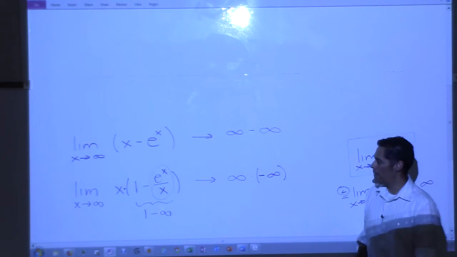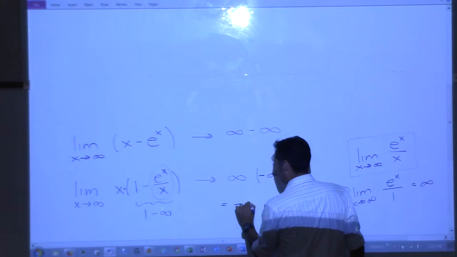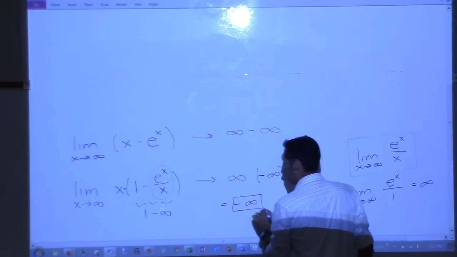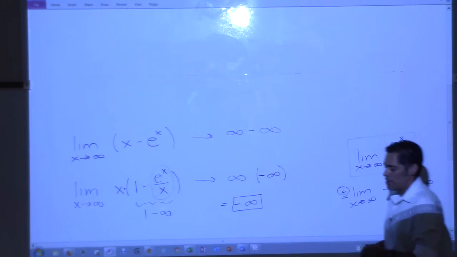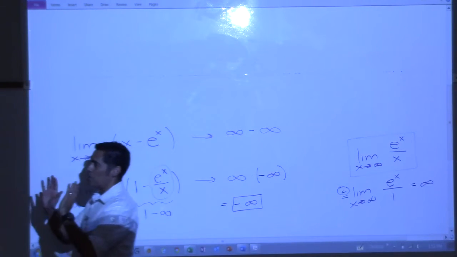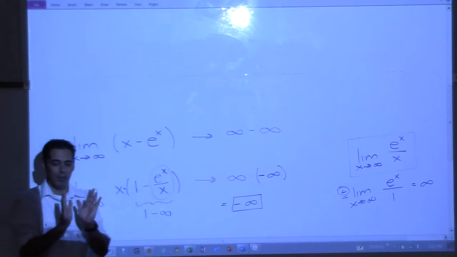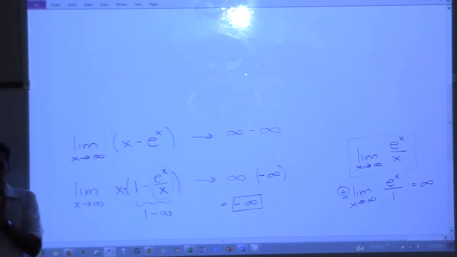Yes? How are you able to use L'Hopital's rule in the equation, and it doesn't alter the rest of it? Okay, L'Hopital's rule doesn't care where you are in the universe. It just says anytime you see an expression that has infinity over infinity or 0 over 0, if you want to know what's happening, you just take the derivative of the top and bottom and look at that new limit.